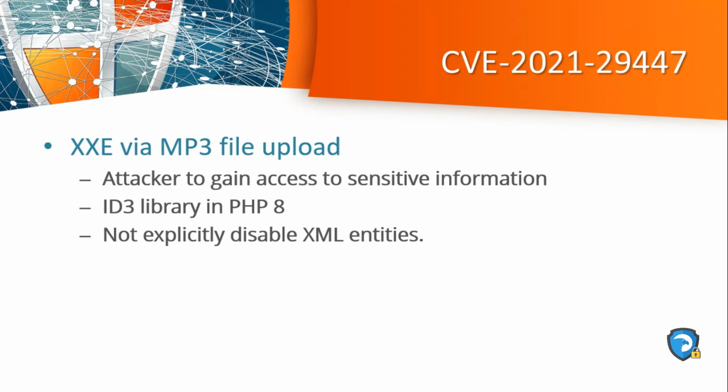The vulnerability exists due to insufficient validation of user-supplied XML input in the media library. This is an XXE vulnerability in the ID3 media library. ID3 is basically used to pass the information about an audio file. This vulnerability is in the ID3 media library in PHP 8, which is used by WordPress.